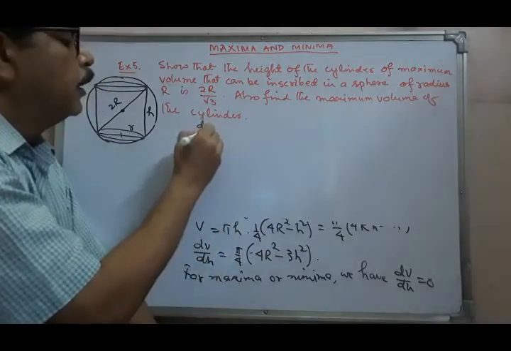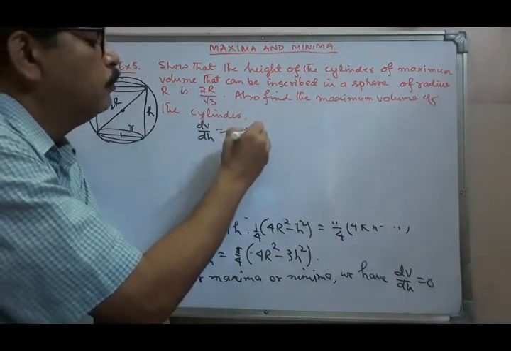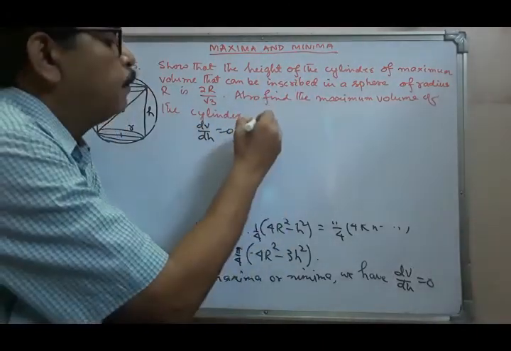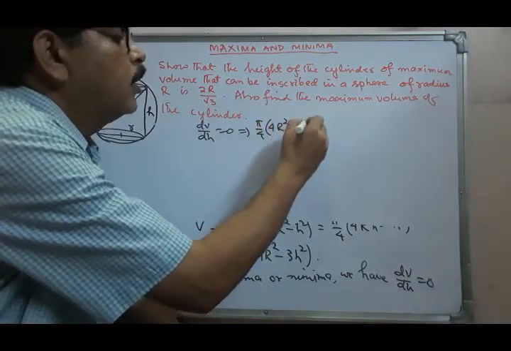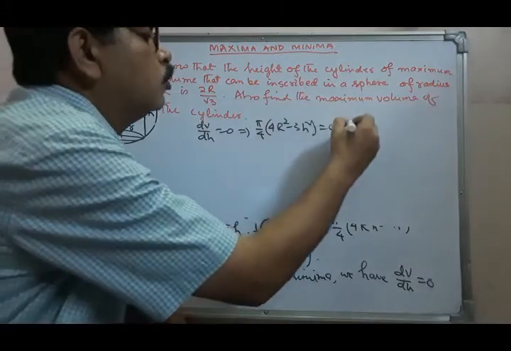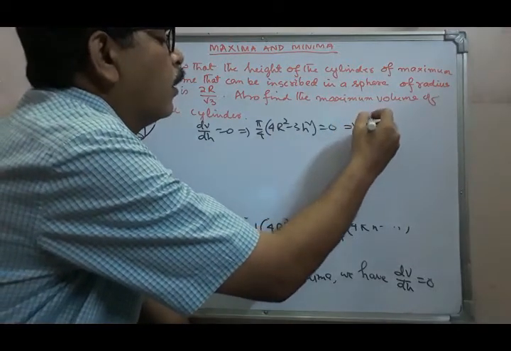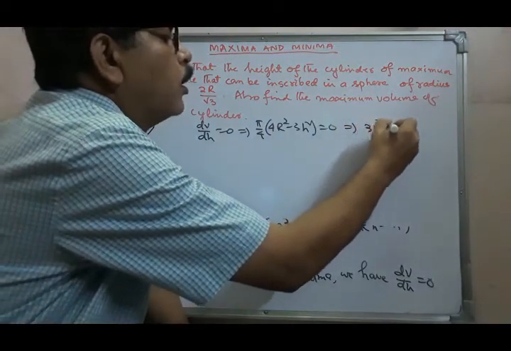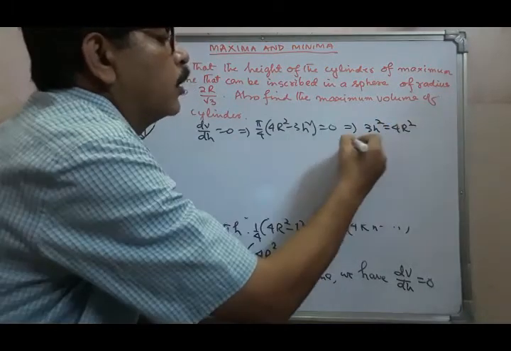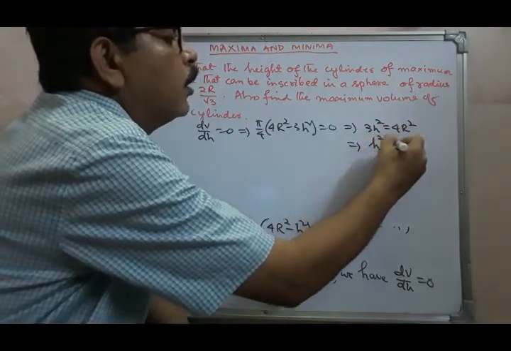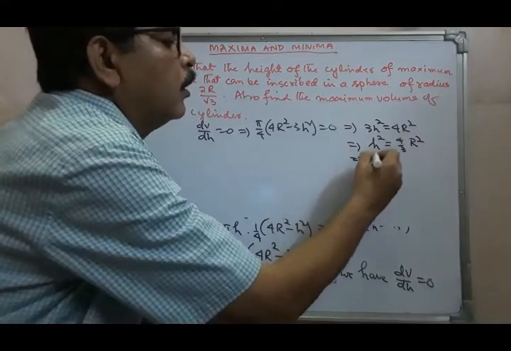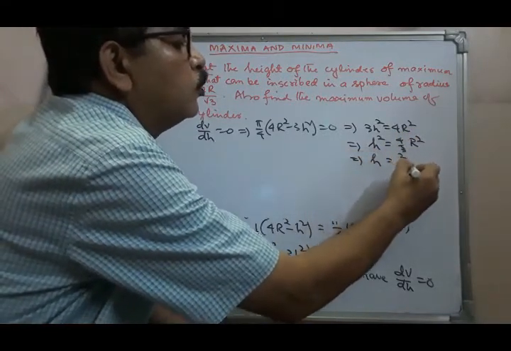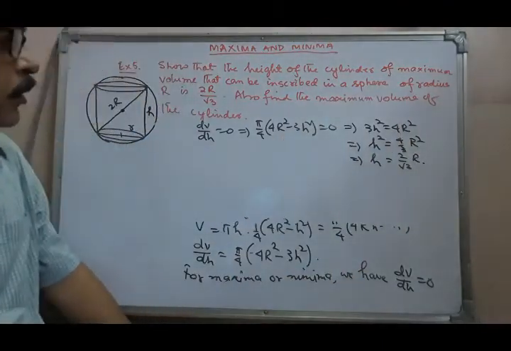So dV by dh equals 0 implies pi by 4 times (4 R square minus 3 h square) equals 0. This implies 3 h square equals 4 capital R square, that is h square equals 4 by 3 R square, h equals 2 by root 3 capital R.